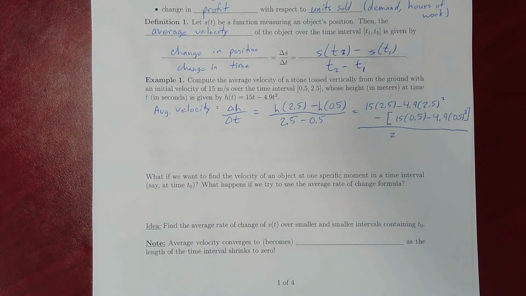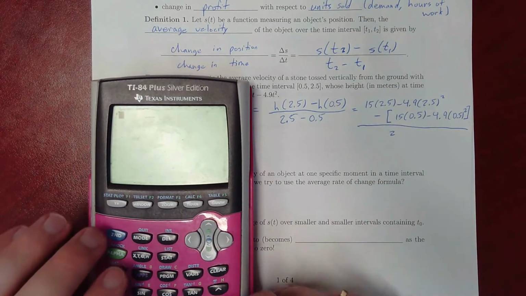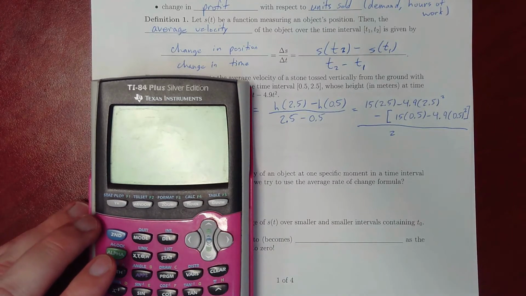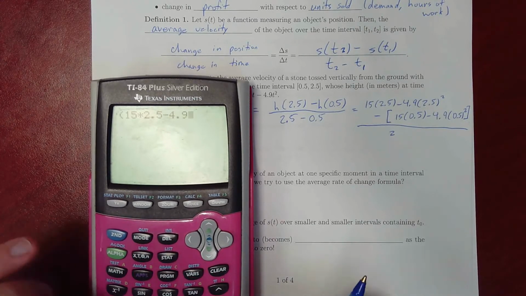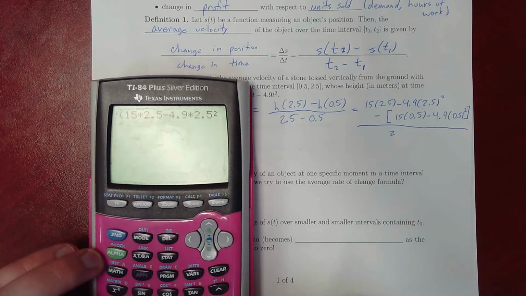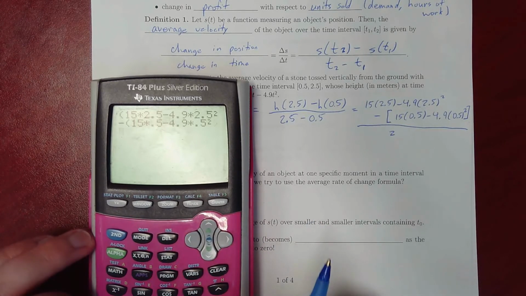So we want to make sure we keep in mind checking how we put things in the calculator. For this first time, for some practice, we want to take 15 times 2.5 minus 4.9 times 2.5 squared, minus, in parentheses, 15 times 0.5 minus 4.9 times 0.5 squared, not log, squared, parentheses.